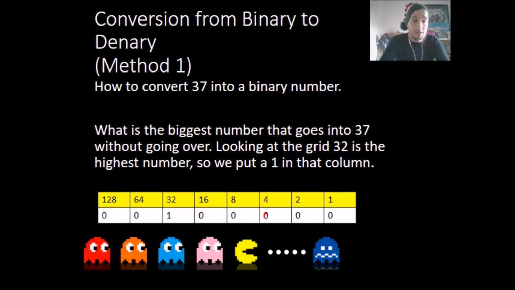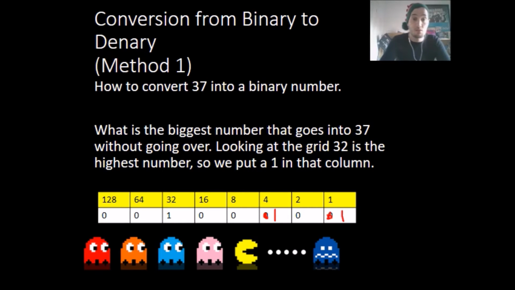So this would become a 1, and that would make 36. I would also need to turn on, so let's scribble that out, the 1 here. So 32 plus the 4 plus the 1, that would be 1, 0, 0, 1, 0, 1. And that is how you would make 37 in binary.